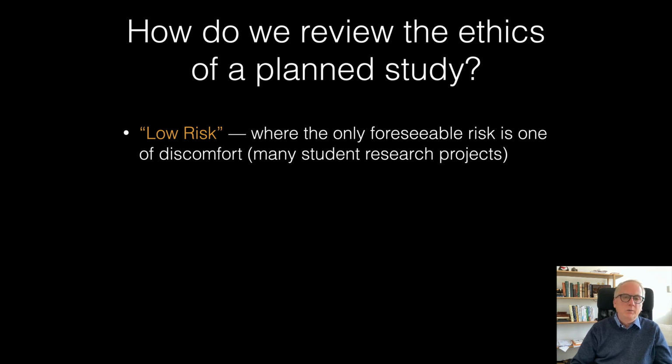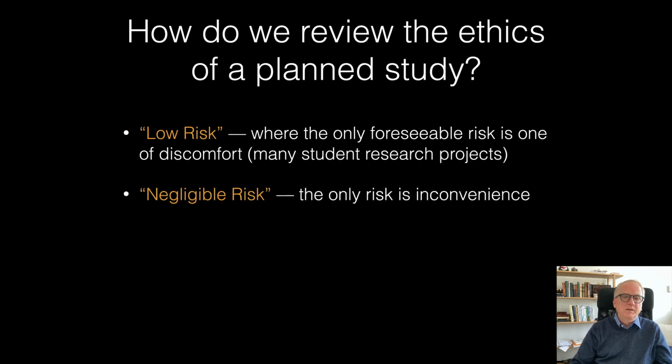That's what we mean by low risk and having only discomfort. Negligible risk is even less than that. This is where the only thing is inconvenience. So participation in the study means that maybe you're going to be a little late to your next appointment, but there's nothing else. There's nothing embarrassing. It's negligible risk. So we group these two kinds of research as low or negligible risk.